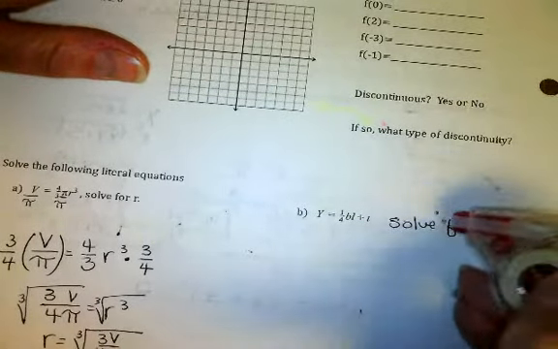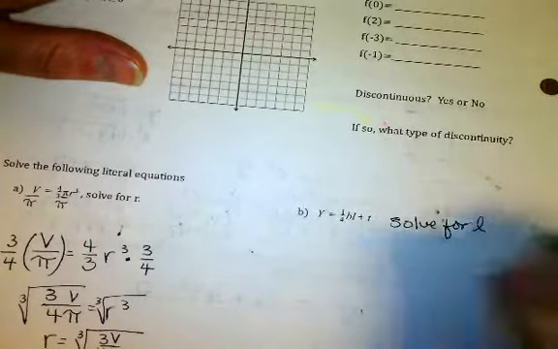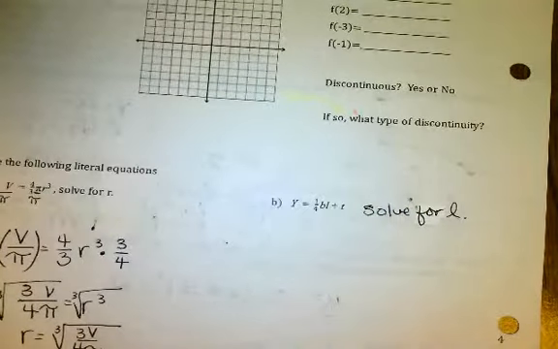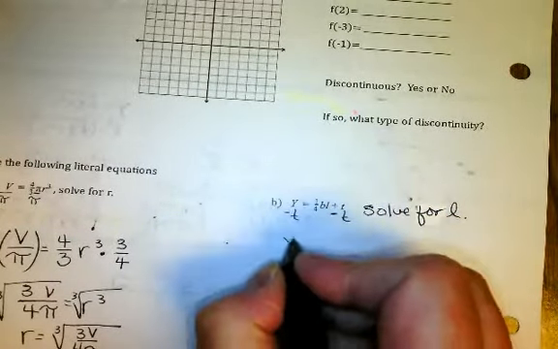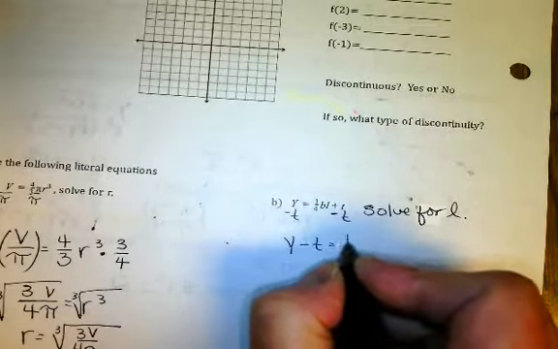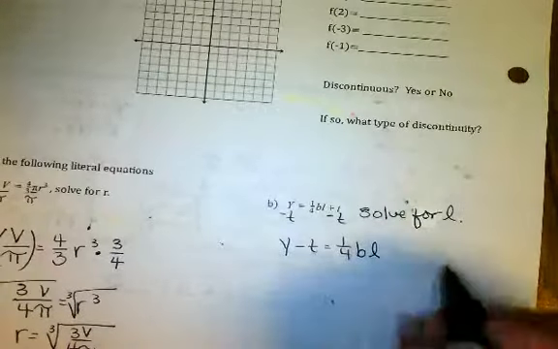All right, on this one here, make sure you solve for L. Oh, handwriting. It is a Friday. Solve for L. I didn't put that on there. So my first step would have to be subtract the t. So y minus t equals 1/4 BL. Now if you don't like having to deal with all that at once, you can do it piece by piece, so divide by the b.